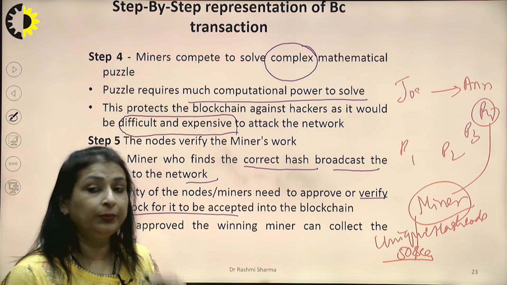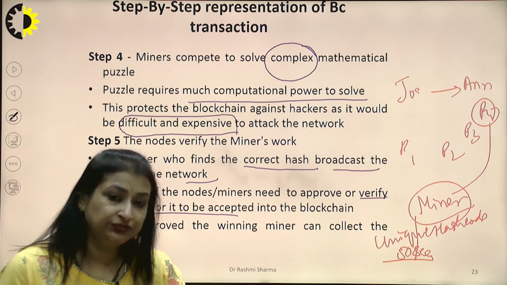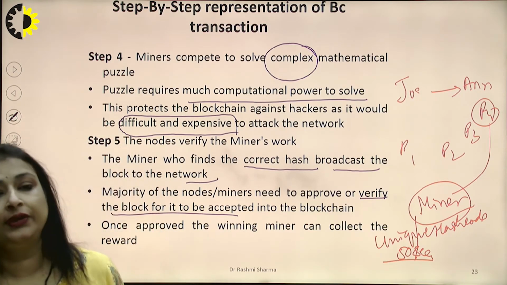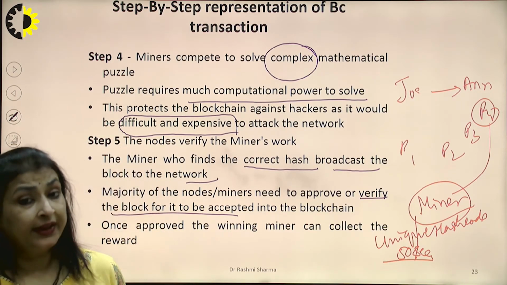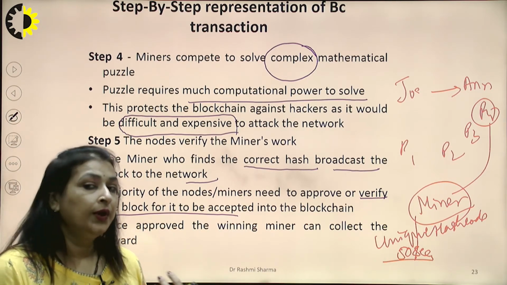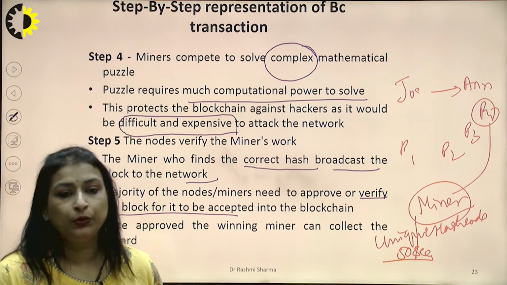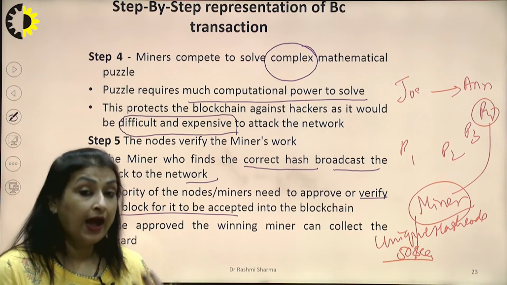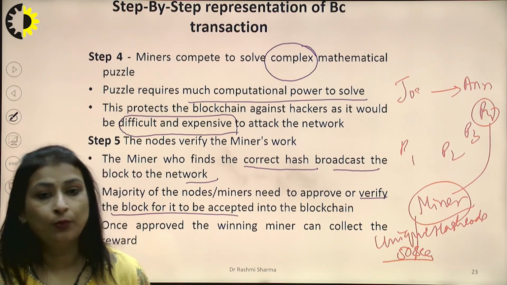Break that hash code means: by using that hash value, are they able to generate the previous value? If they are able to generate the previous hash value, then definitely a malicious attacker can hack or compromise that data.